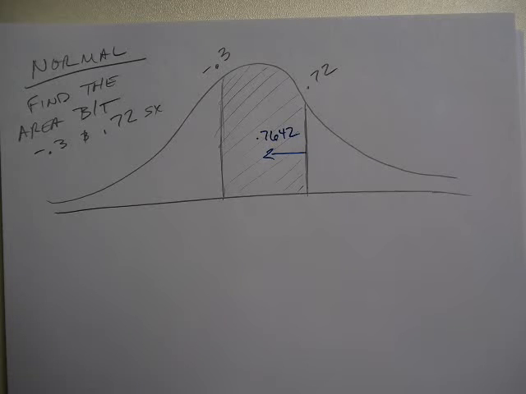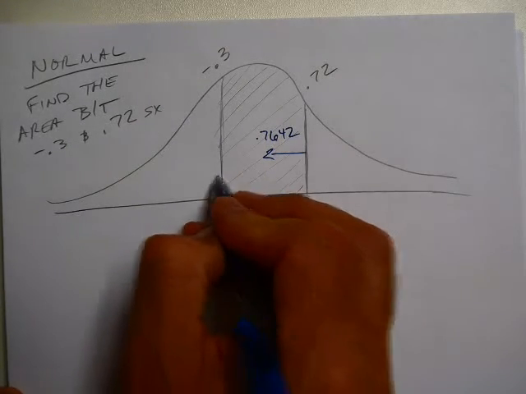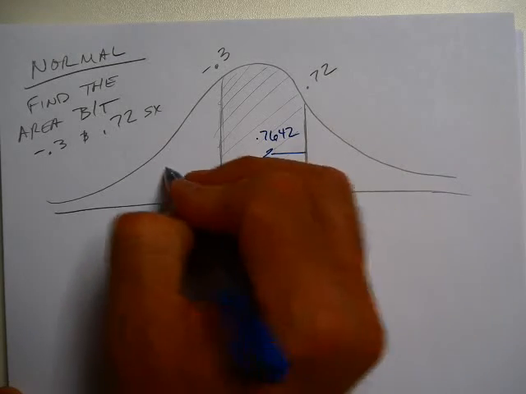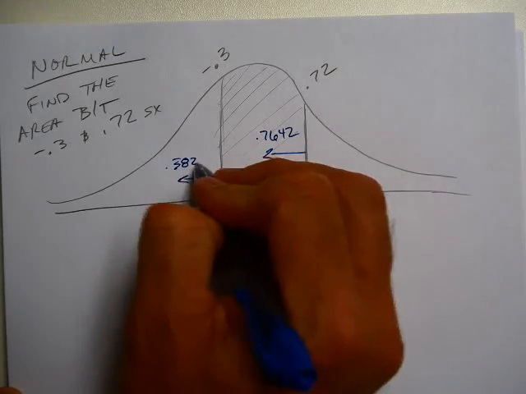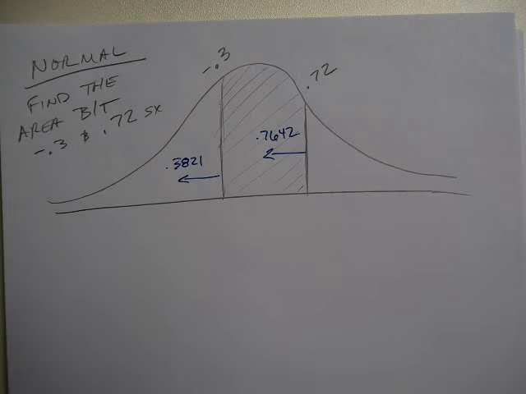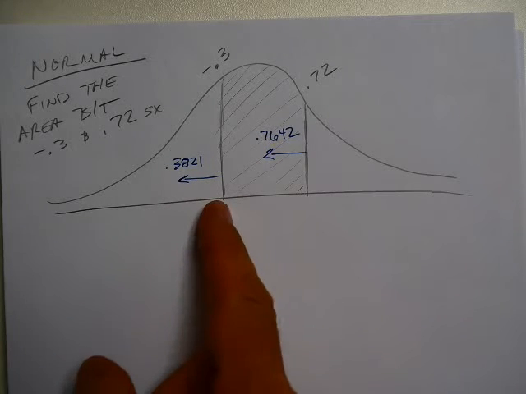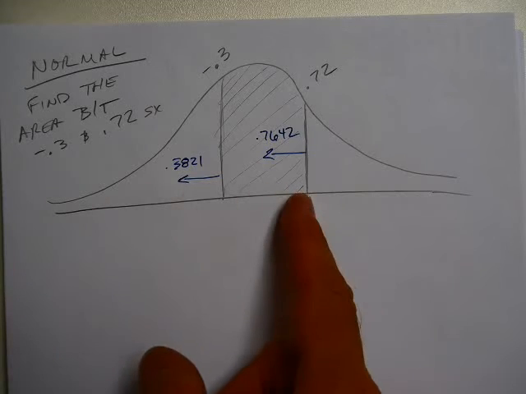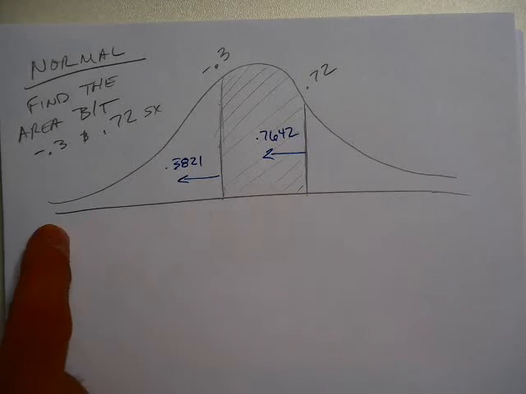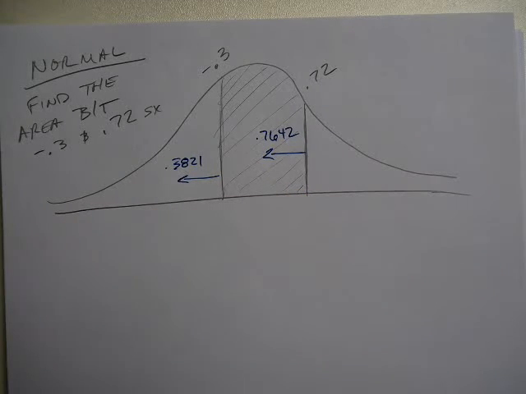Now if I look at the negative 0.3, I find that that's 0.3821. So 38% falls below this, 76% falls below that. How do I find the distance between them?